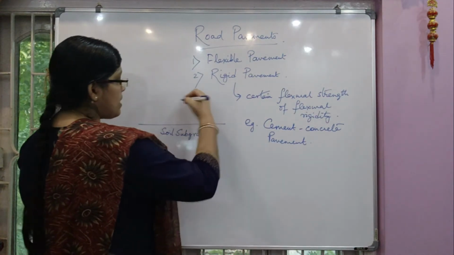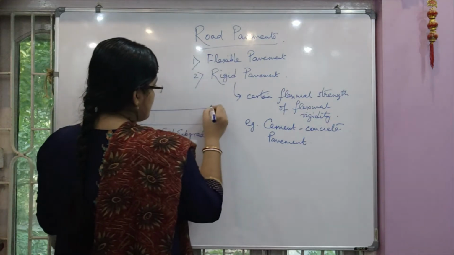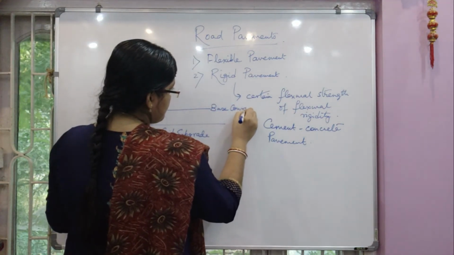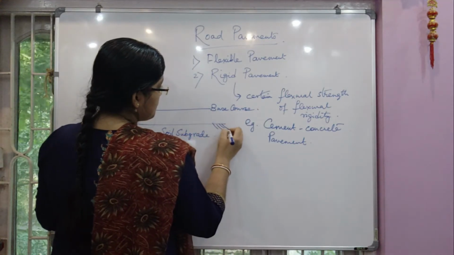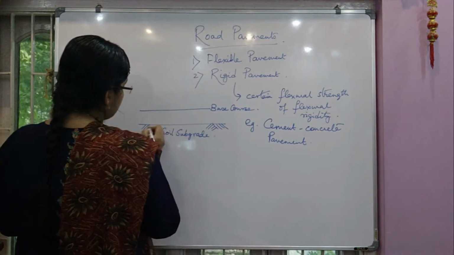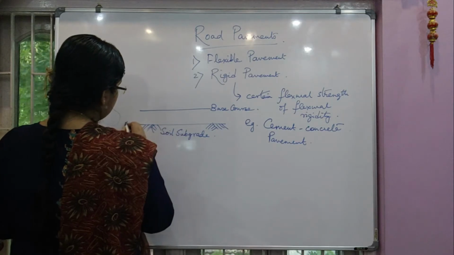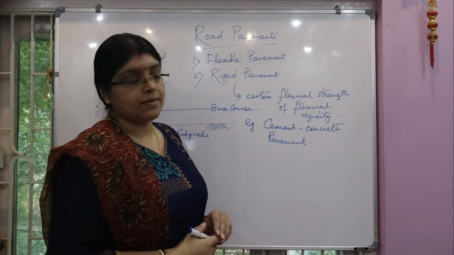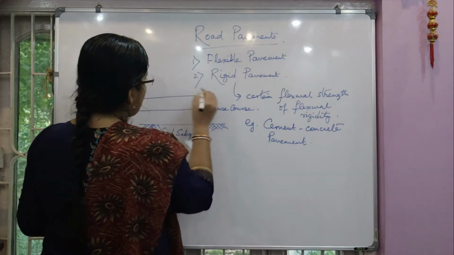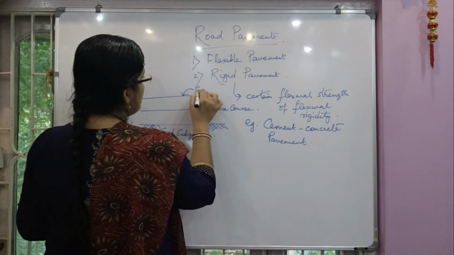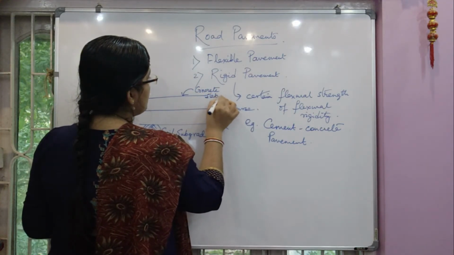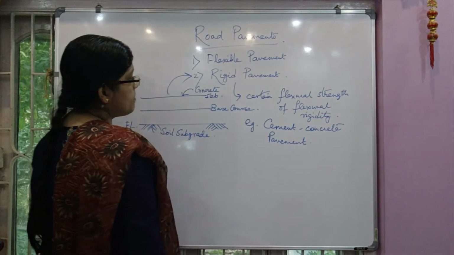So above the soil substrate will be the base course, and above this base course will be the concrete slab. So the top layer is generally a concrete slab in case of a rigid pavement.